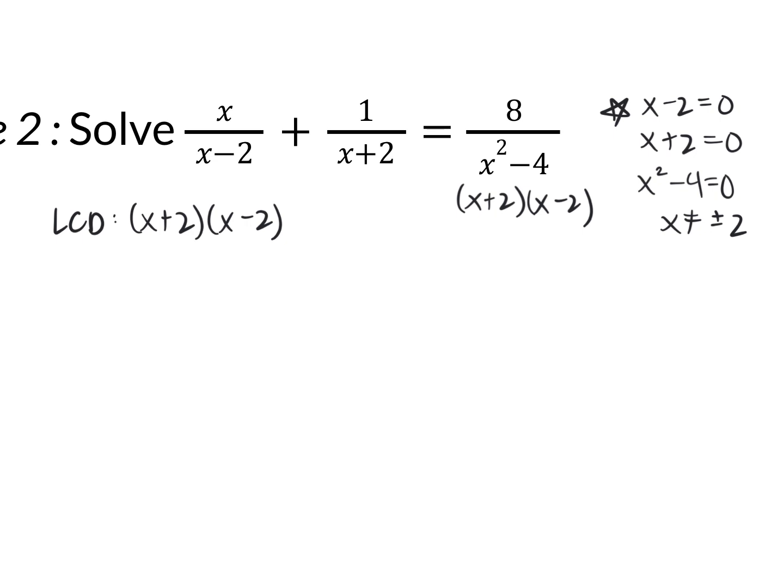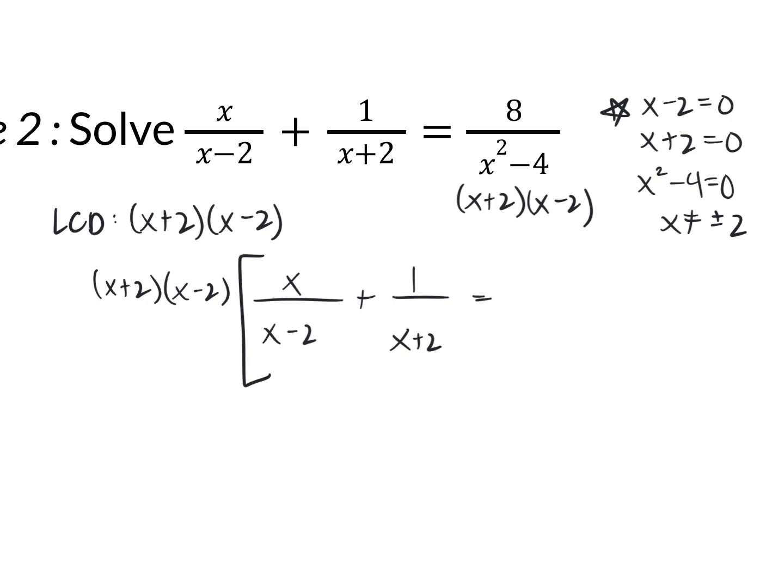I like to write it like this on the outside of my entire equation, but I realize that's not everyone's vibe. So if instead you would like to just write next to the equation what you need to multiply by, that's fine too. So right here, I've got a denominator of x minus 2, so I need to multiply the numerator by x plus 2, right?